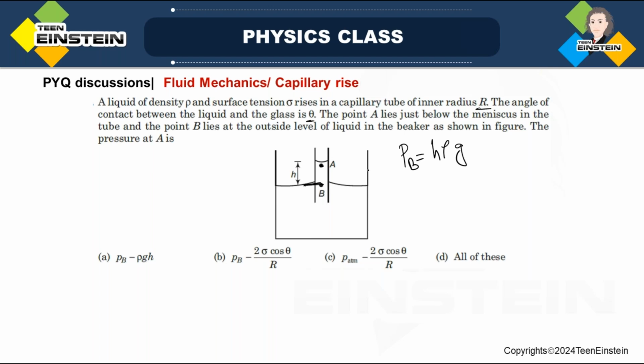Now, what is this height in terms of this? We know it is 2 sigma cos theta by rho R G.